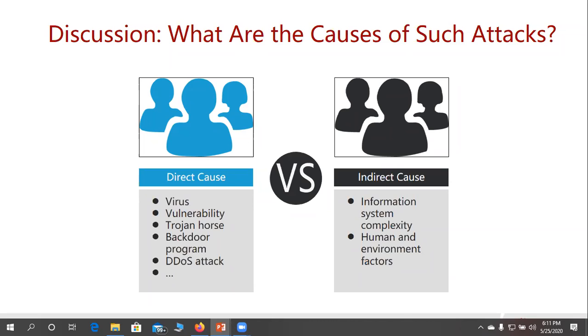So the bot master programs those zombies in such a way as to send a large amount of traffic to a single target, let's say a server.